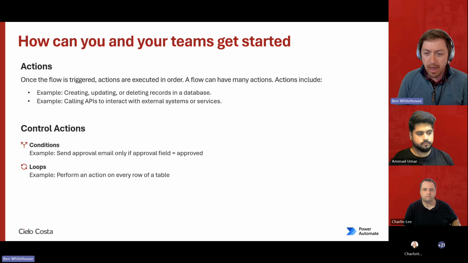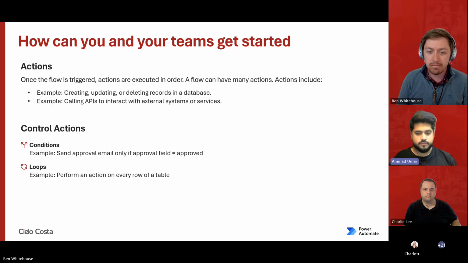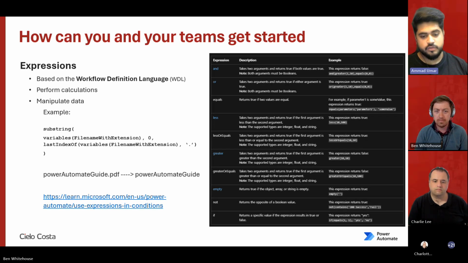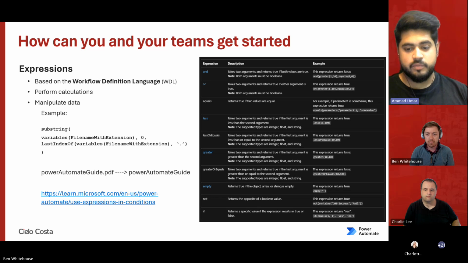So now I'm going to hand you over to Ahmad, and he's going to talk to you about expressions in Power Automate. Thank you, Ben. So we can take a look at expressions which are very handy in Power Automate, and we can use them to perform calculations. We can use them to manipulate data, maybe control the logic flow within the flow.